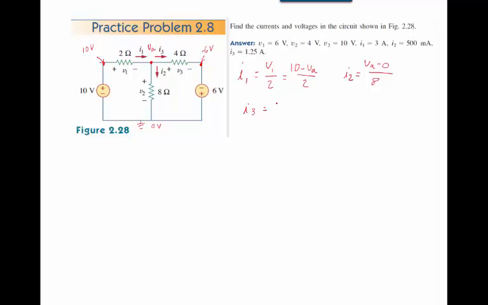Watching my conventions there, it is VA minus 6 over 4 ohms. Okay? So everything's in terms of that VA right now. I didn't solve for anything. So I'm going to take the hint and do KCL at that node.